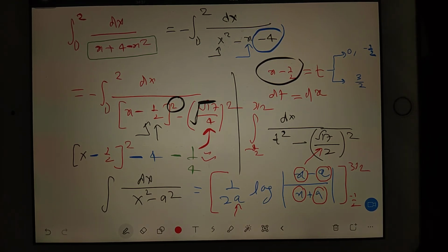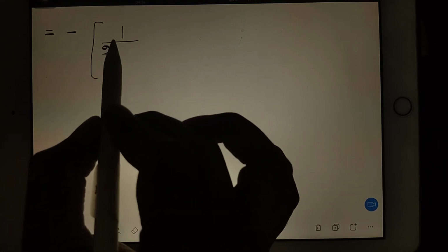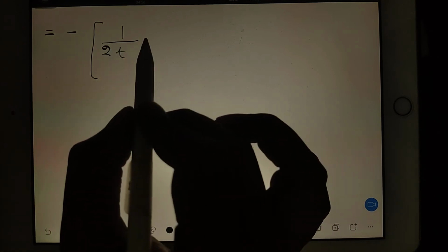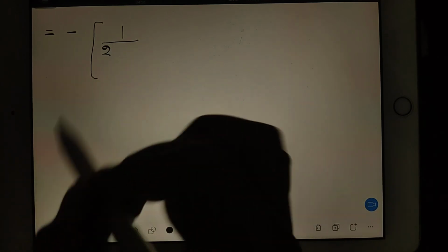So it will look like, I'm changing the page, it will look like this. Now we can write down the final format. Minus sign was there already outside. Now 1 by 2, then we have to put a value.